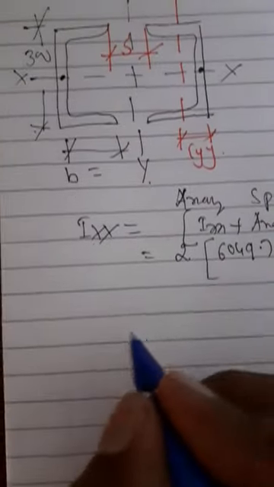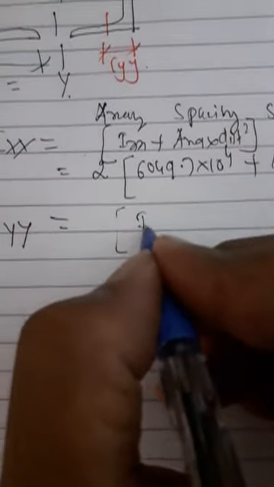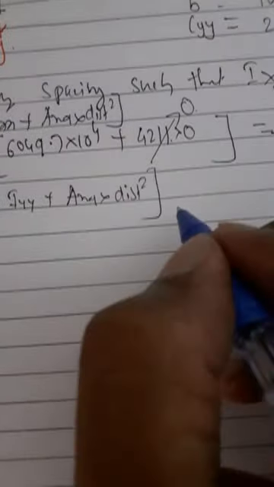Now capital IYY. IYY is small IYY plus area into distance square. So I can write it like this.